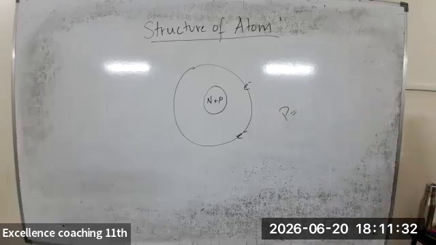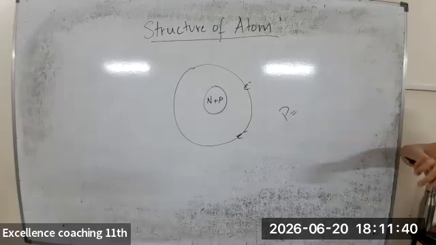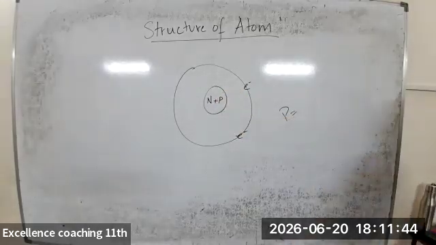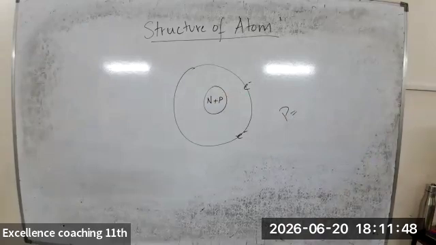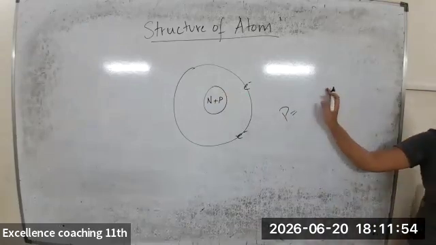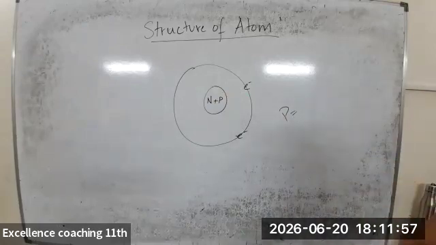In this chapter you will learn all the different theories, models and structures, from the start to the end, how they came up to this structure, the drawbacks, the conclusions, the postulates, the observations. So this chapter will deal with all of this. We will start this in our next class.